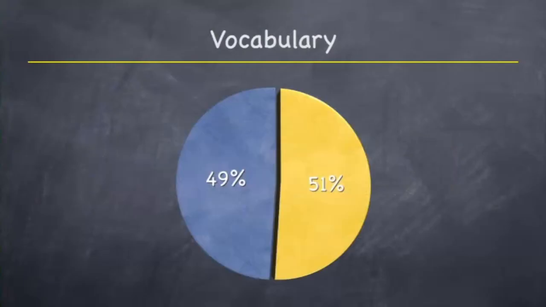This is a really cool chart. If you add up all the word occurrences in the Greek New Testament, and then you take all of your vocabulary and find all the times those words occur, you now know 51% of all the word occurrences in the Greek New Testament.